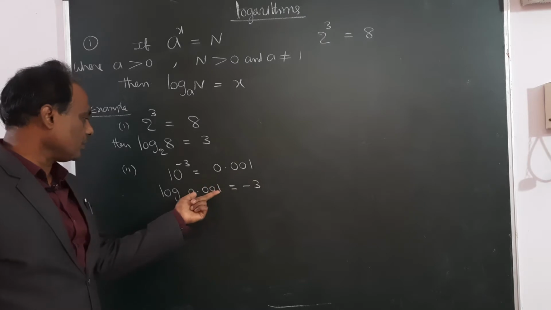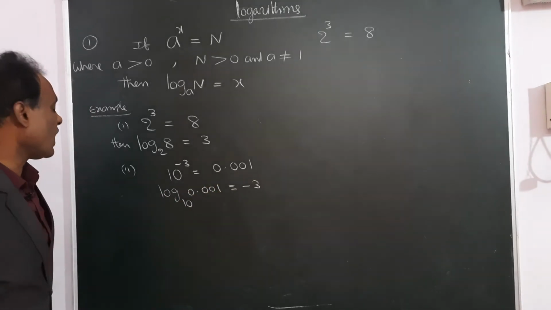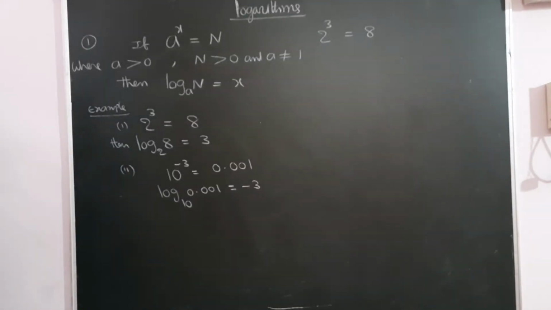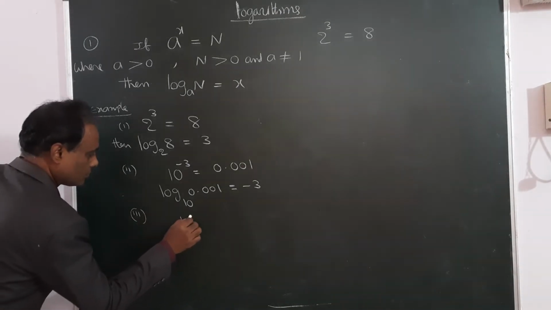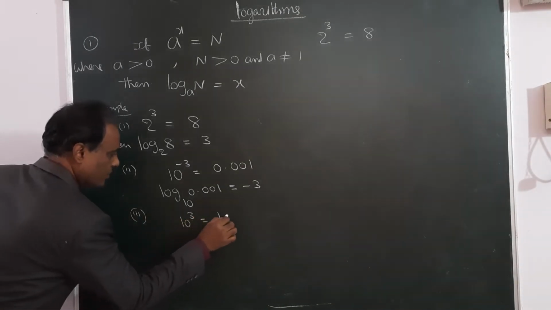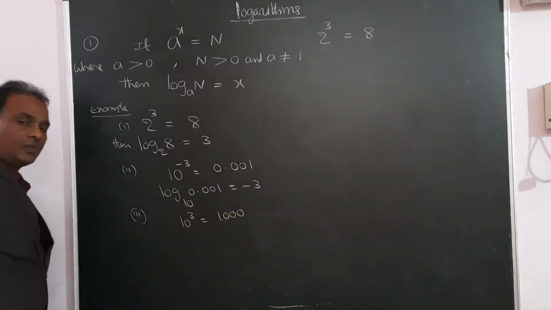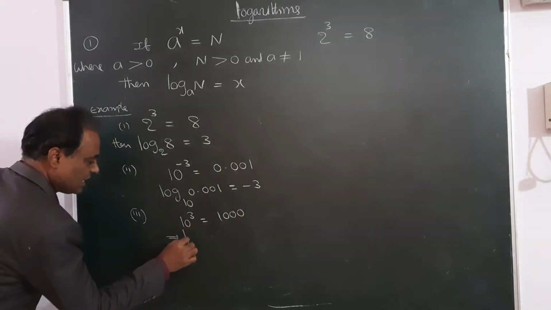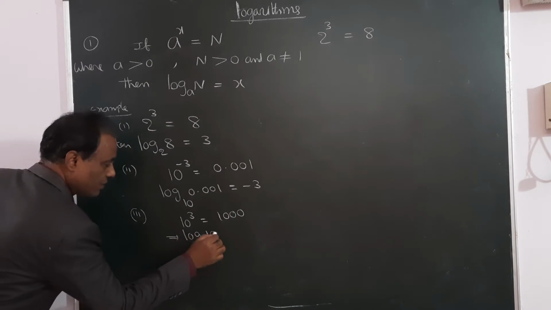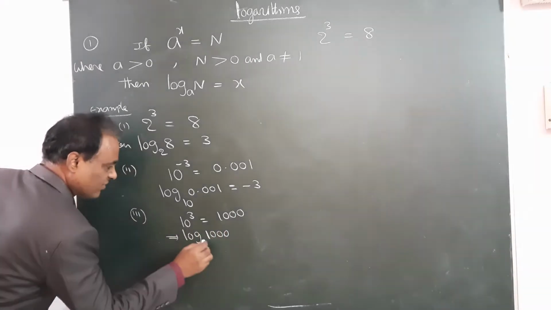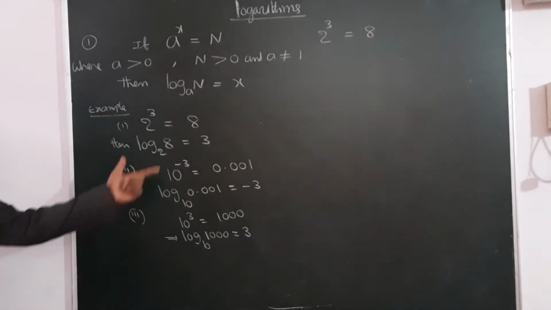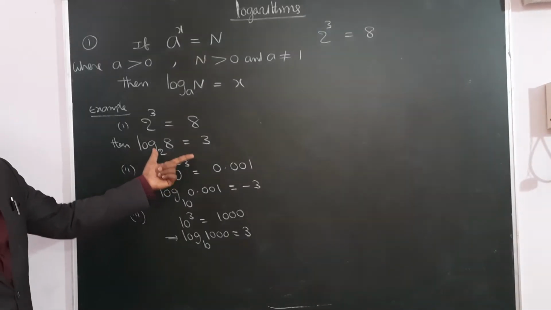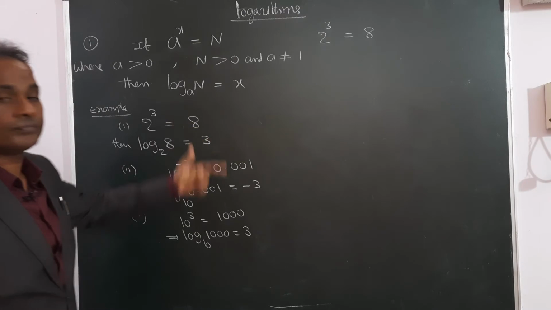The right side value will become the logarithm of that. So log 0.001 to base 10 is equal to minus 3. How to write in the logarithmic form? Log 1000 to base 10 is equal to 3. So practice this, writing the exponential form into logarithmic form using the definition.